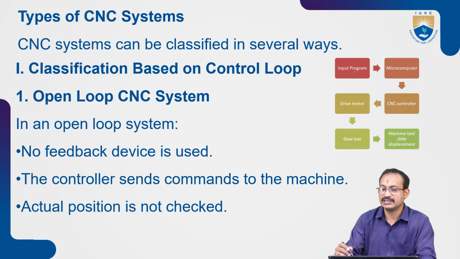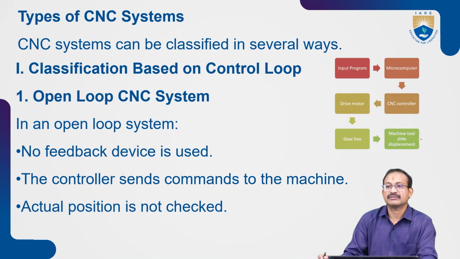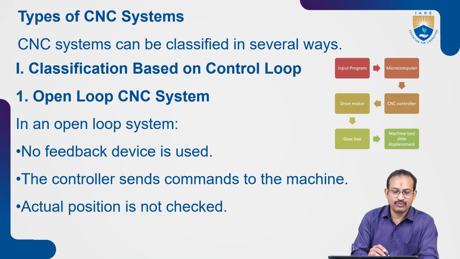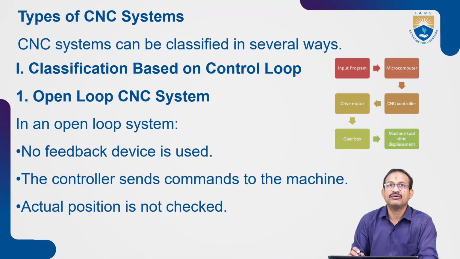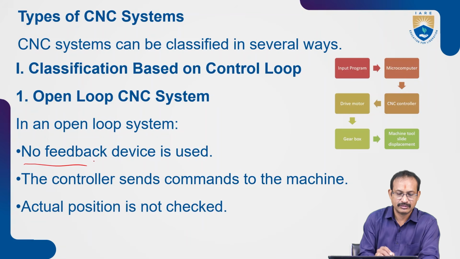You can see the input program, microcomputer, CNC controller, drive motor, gearbox, and finally the machine tool slide displacement. It follows this path in an open loop control system. In an open loop system, no feedback device is used.